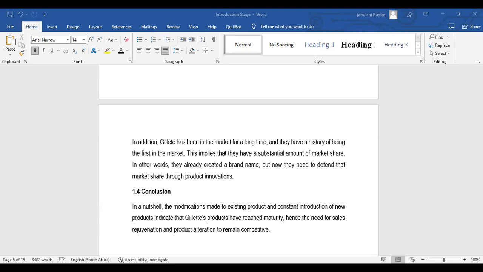So I need to give them the product from the introduction stage, explain those stages, and then perhaps take one stage and say, okay, they are at this stage at this point in time. Yes.